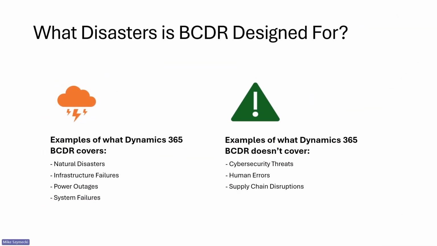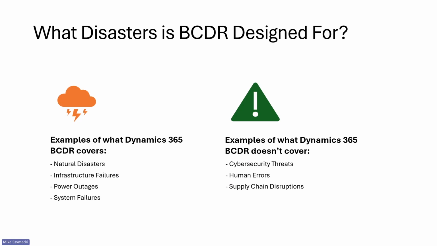Now let's set the stage around what our BCDR plumbing covers and what it doesn't. On the left side, you'll notice that we have the events it covers, scenarios such as natural disasters, infrastructure failures, power outages, and things of the like. Pretty straightforward. On the right side, we'll identify what it doesn't cover: cybersecurity threats, human errors, supply chain disruptions, and events of the same nature.